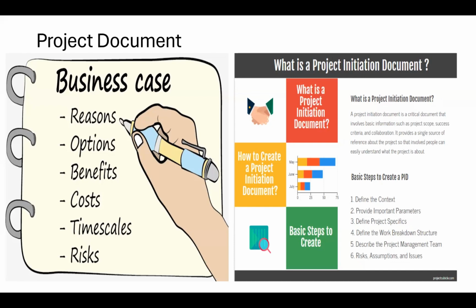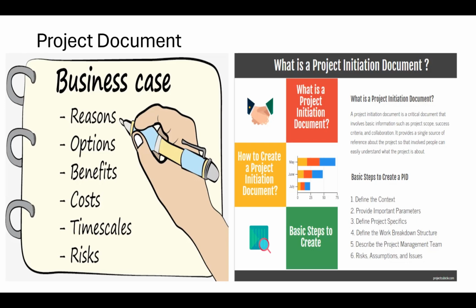So for a business case, you might be drafted to join a team to say, with your knowledge, please join this team. Let's get out a business case for this course. So you must ensure that these should be the elements that we must have in the business case.